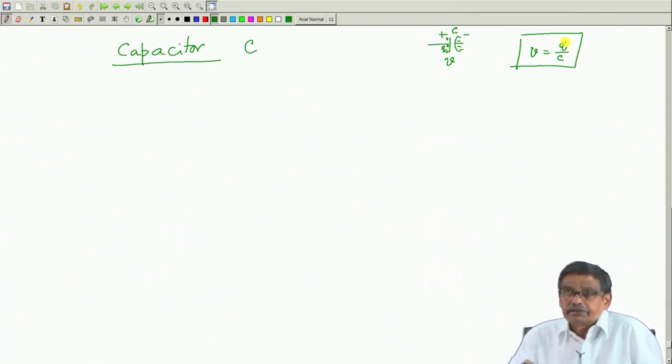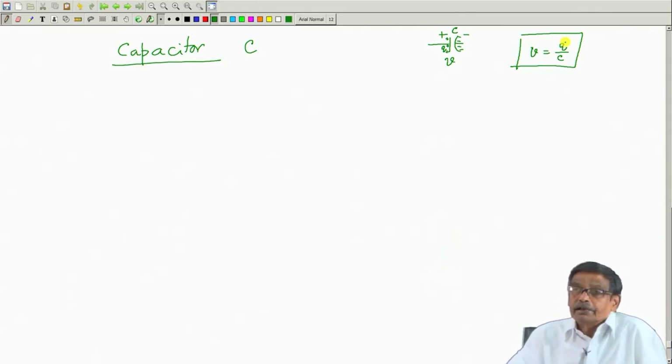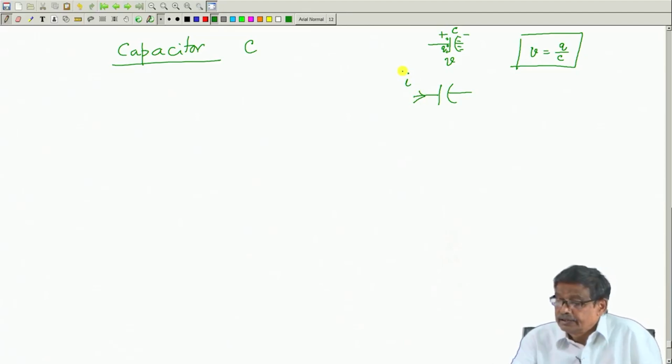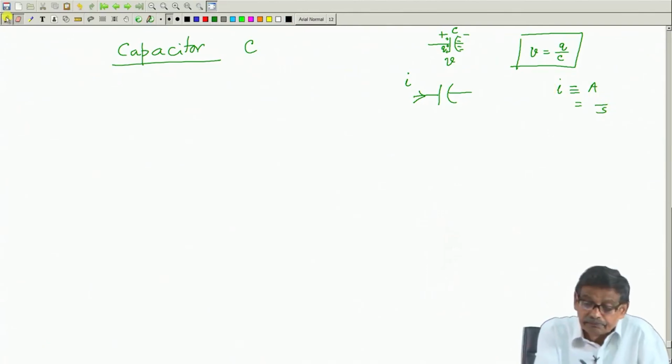Charge can be established or brought onto the plate of the capacitor if you allow some current to flow. I is ampere, which is nothing but coulomb per second. So, this is coulomb per second.